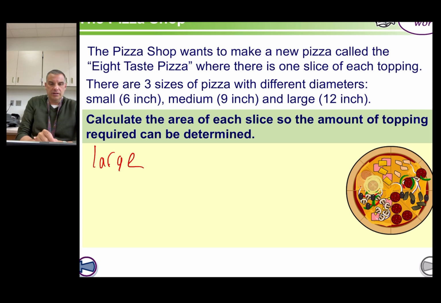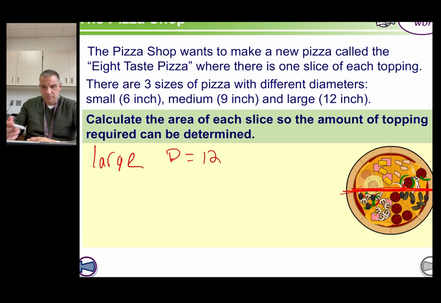The diameter of the large is equal to 12, so my diameter right here is 12. When we cut this pizza, it looks like it's cut into 4 slices on each half. So 180 divided by 4, each of these angles is 45 degrees.